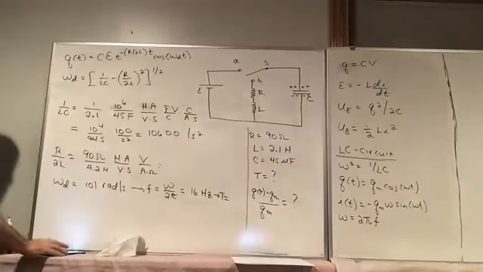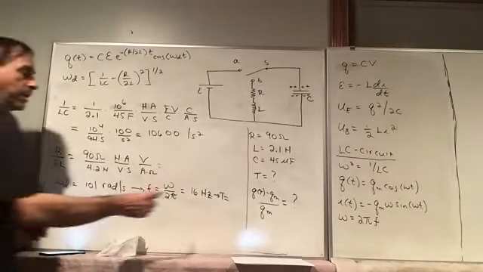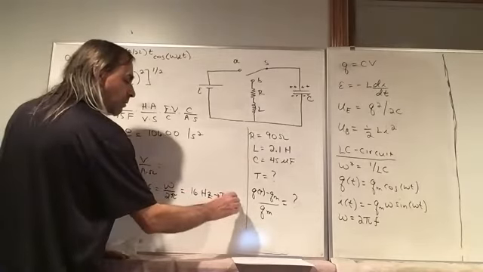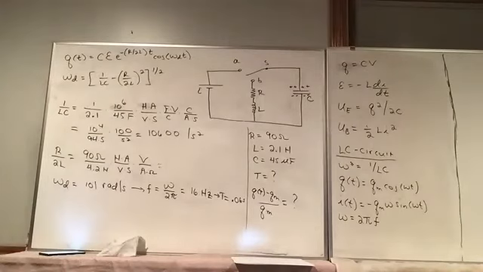All right, so 1/16, that's like 0.06. So the time it takes to complete one cycle is 0.06 seconds. So that would be one period.